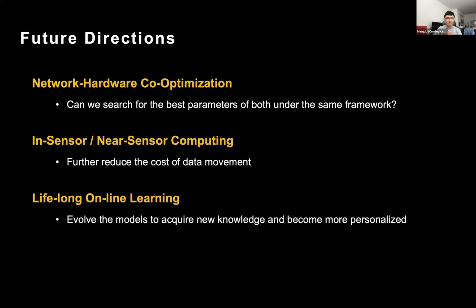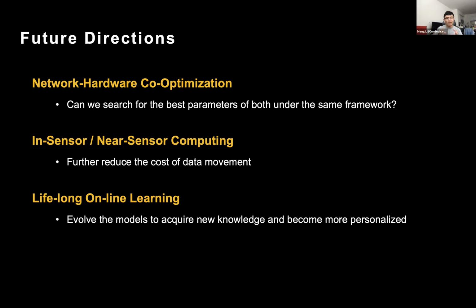The second direction is in-sensor and near-sensor computing. We all know data movement is quite expensive. And in the future, as the resolution of the sensor becomes higher and higher, this data movement cost can be even higher.